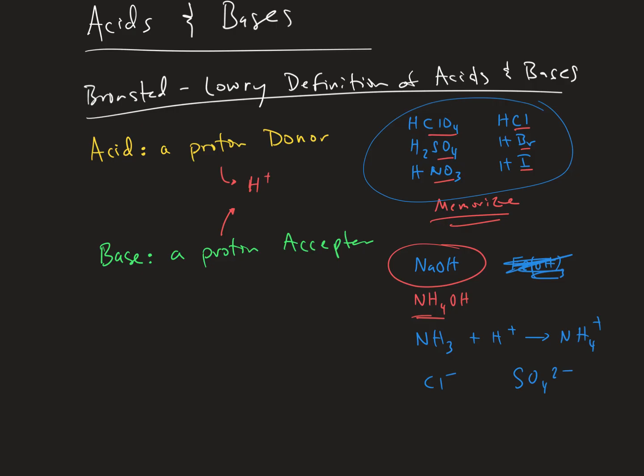Those are going to be our strong bases, and that's it. We already kind of learned about that. Hydroxides are bases, right? But we also learned just barely that not all of them are. Any questions on how to tell what compounds are acids and what compounds are bases?